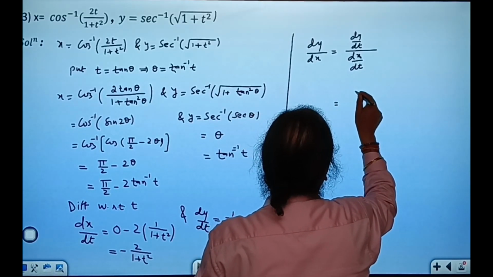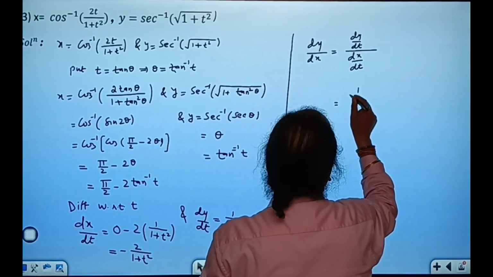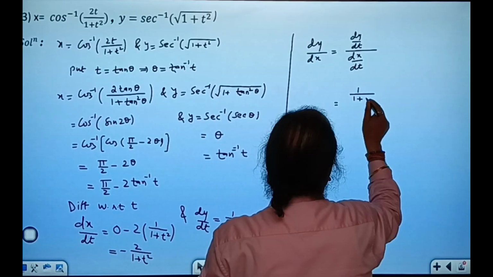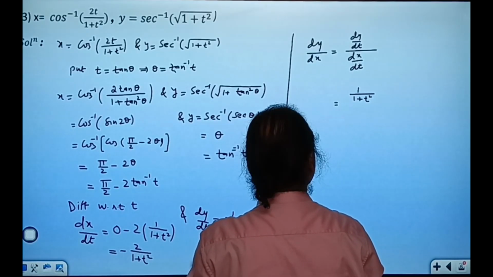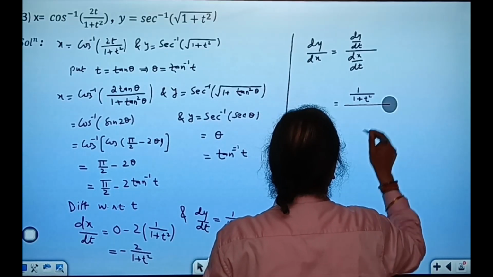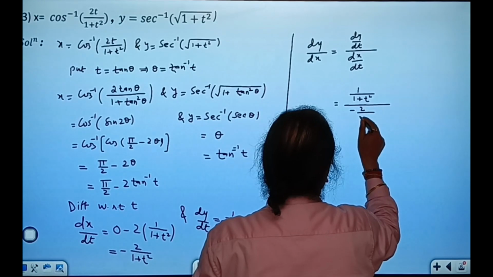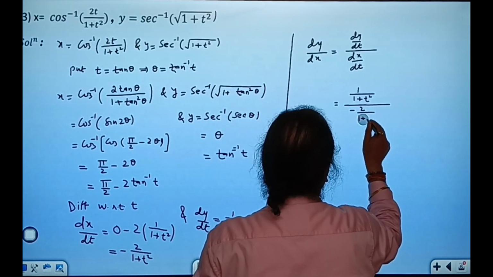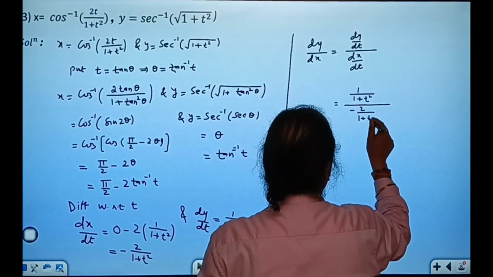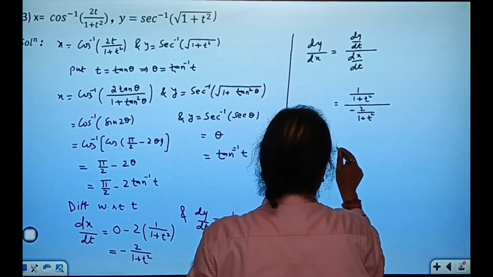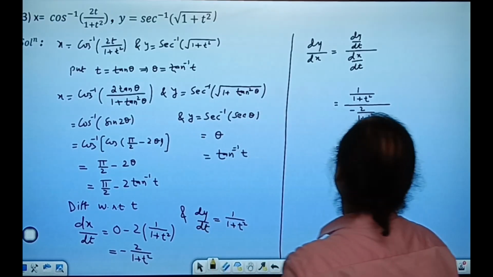One upon one plus p square, minus 2 upon, minus 1 upon 2.